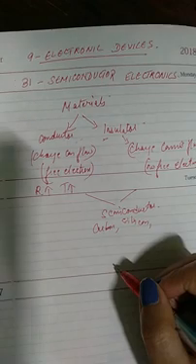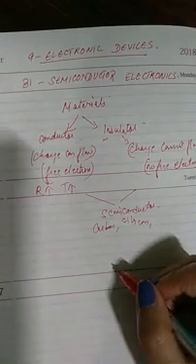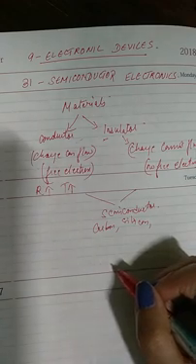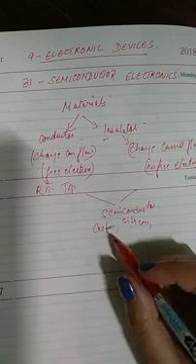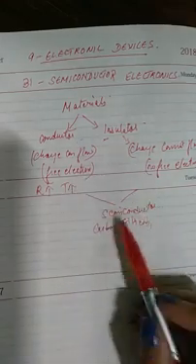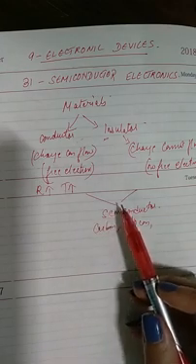In semiconductors, the outermost valence electrons are neither as rigidly bound to the atom as in an insulator, nor as loosely bound as in a conductor. So the electrons are intermediate, not tightly bound nor loosely bound.